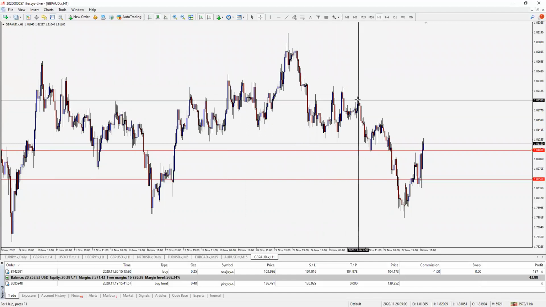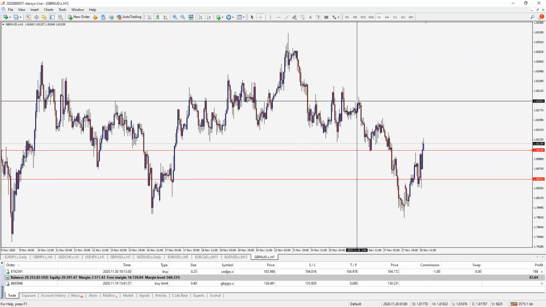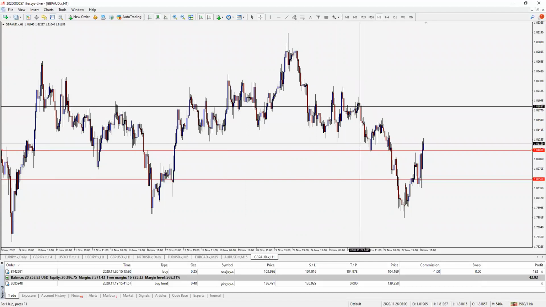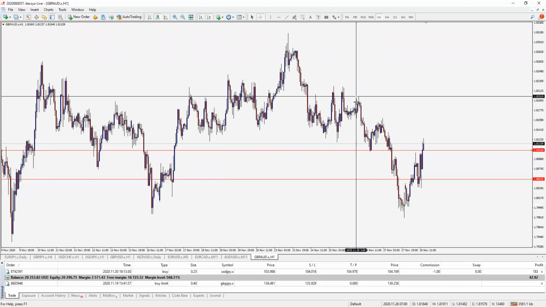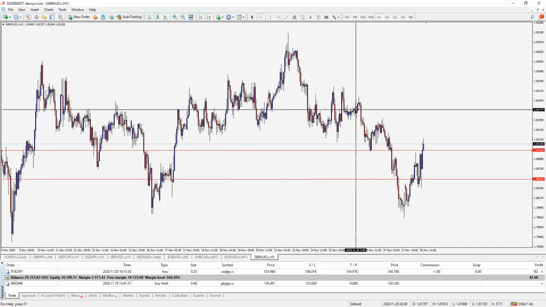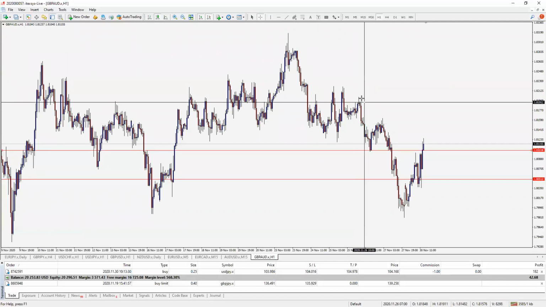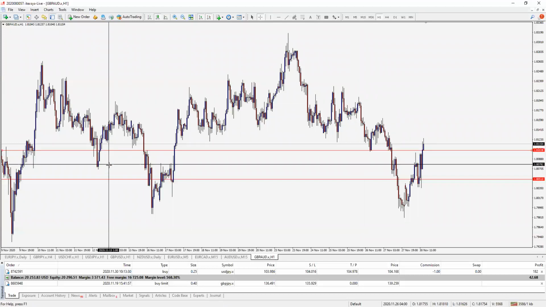Maybe we will get some reaction here, because since the price ran away from that level, we don't see any touch at this level. So maybe we'll see some reaction. It's not an amazing supply, but there is a level here that will probably hold the price for a while.